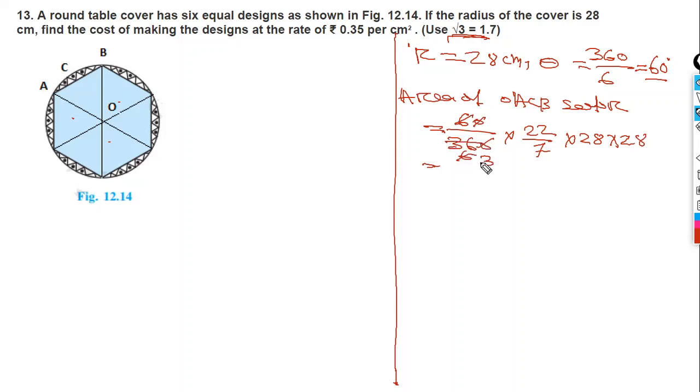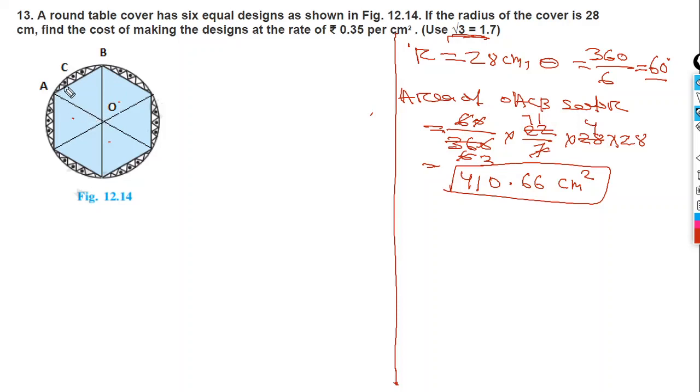Here it will be 3, then it will be 11, then 3 can't be cancelled, 7 4s are 28. So now you have to multiply 11 into 4 into 28 divided by 3, which will be equal to 410.66 centimeter square. So this is the area of OACB sector.